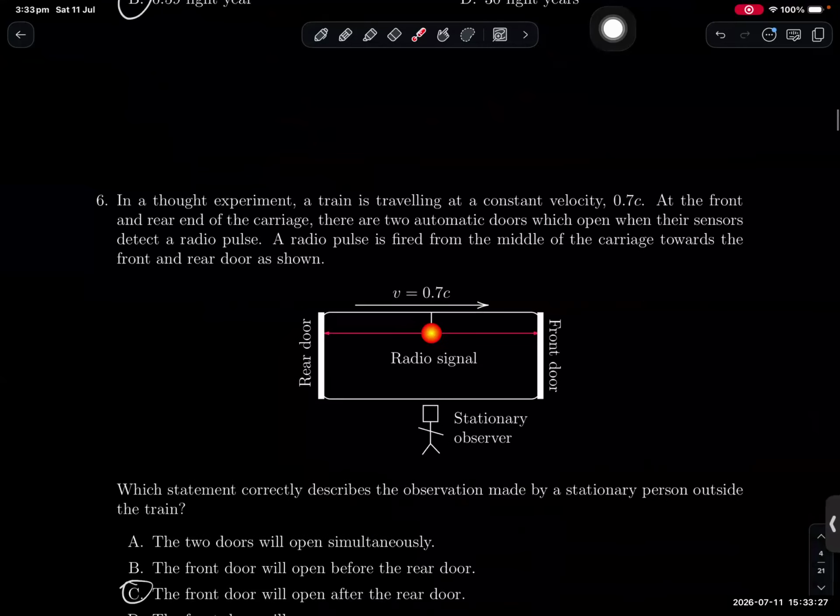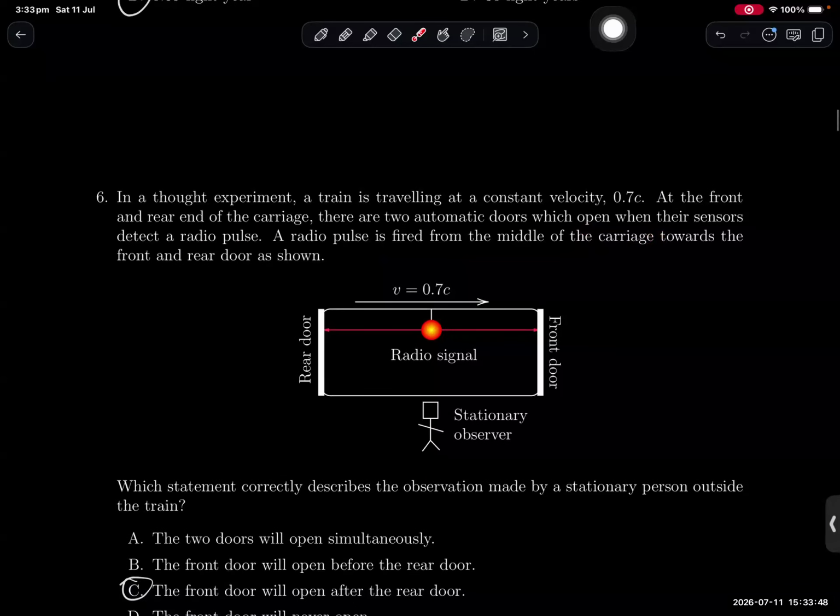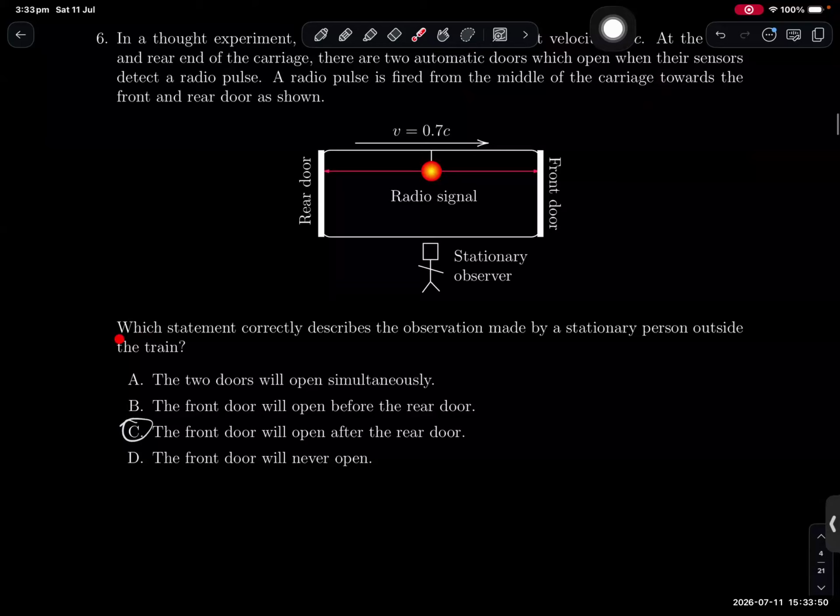Question 6. In a thought experiment, a train is traveling at constant velocity 0.7c. At the front and rear end of the carriage, there are two automatic doors which open when their sensors detect a radio pulse. A radio pulse is fired from the middle of the carriage towards the front and rear as shown. Which statement correctly describes the observation made by a stationary person outside the train?